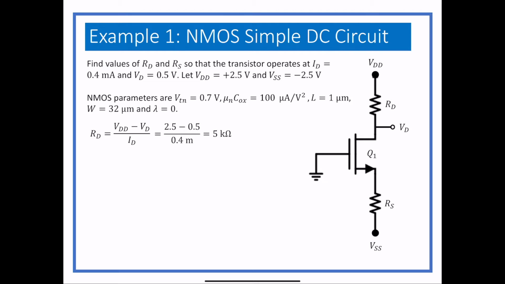And in order to find that, we need VGS. In order to find that, we need the overdrive voltage. So this is where in MOSFETs, you'll have to think ahead and think, what do I need to find this value, and then backtrack and figure out how to get there.